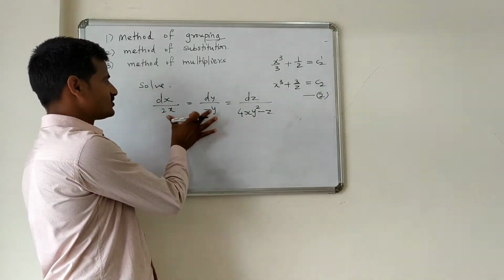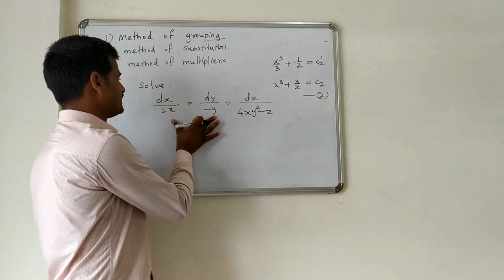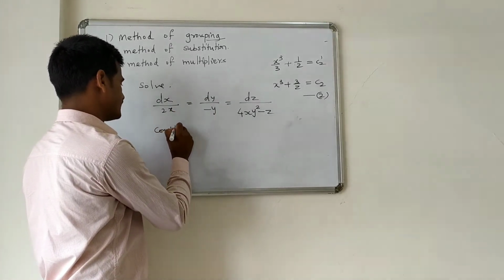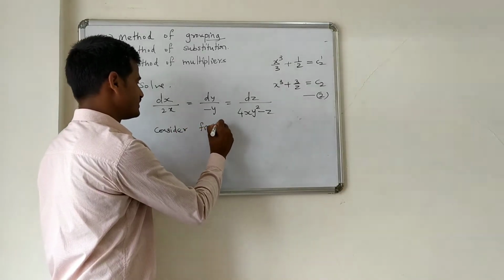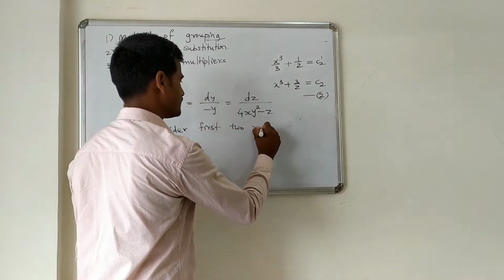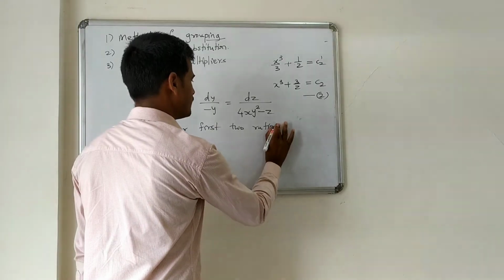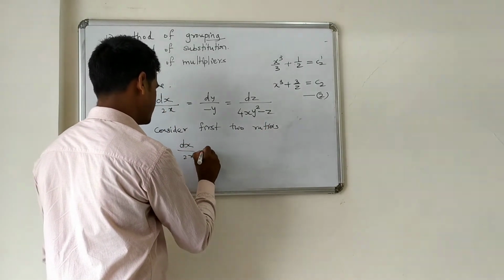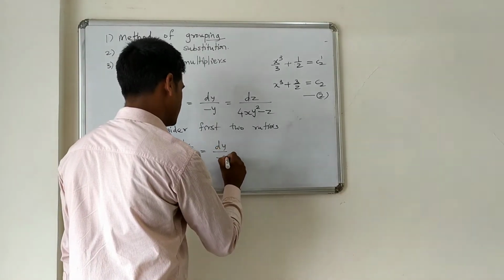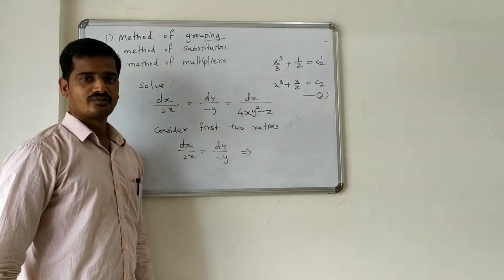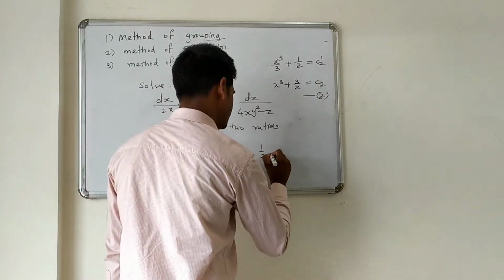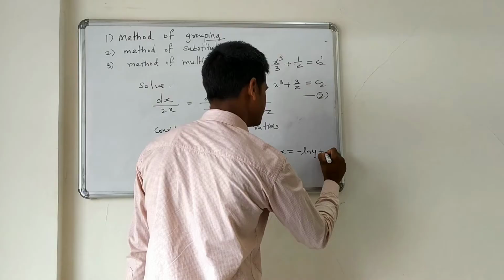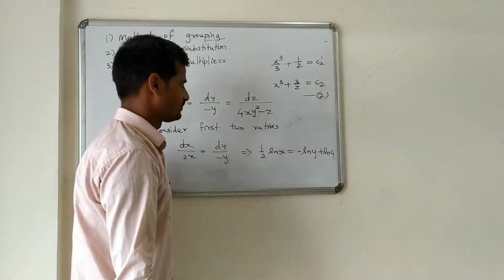So let us consider the first two ratios because z is not there. dx upon 2x is equal to dy upon minus y. So integrate on both sides. 1 by 2 ln x is equal to minus ln y plus ln c1.